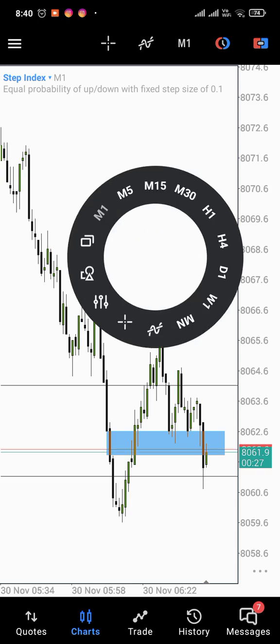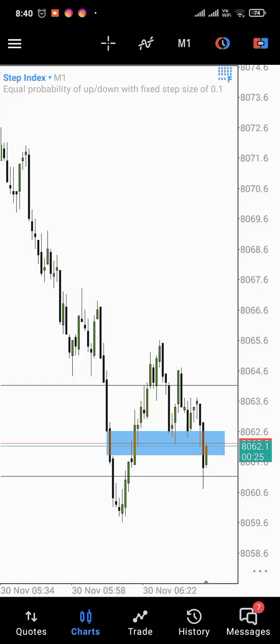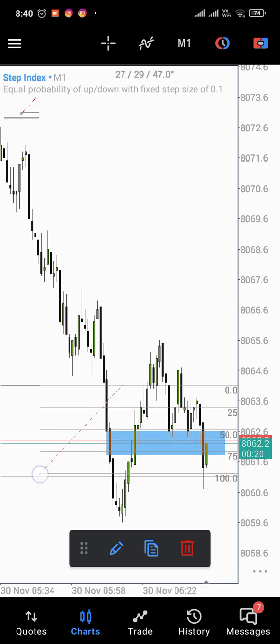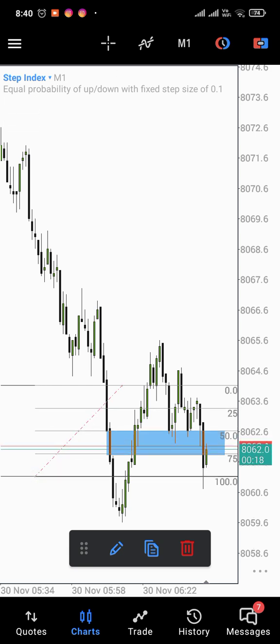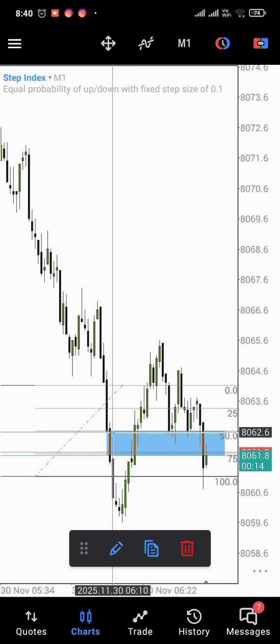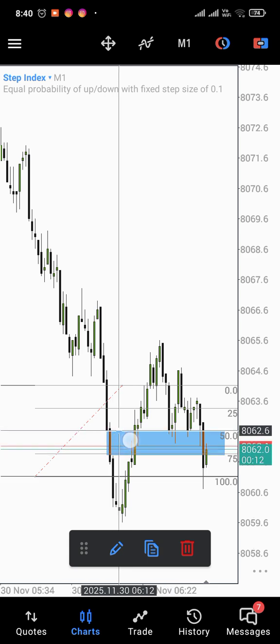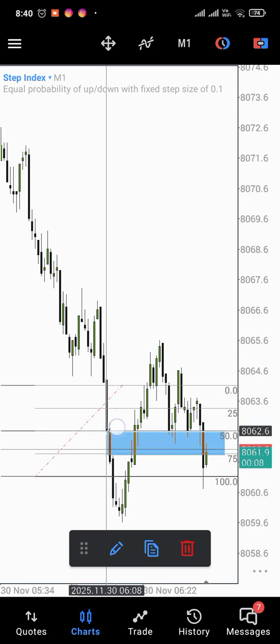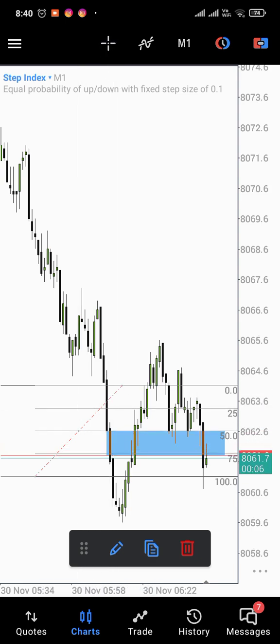If we pull out our Fibonacci, okay, we pull out our Fibonacci, you can clearly see the 50% of that fair value gap where it is situated in the consequent arrangement of the 15 minutes time frame fair value gap.